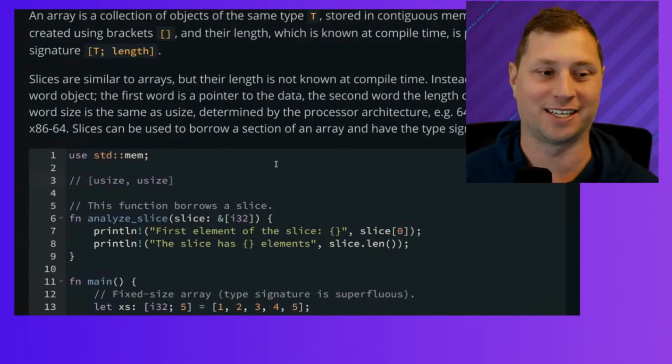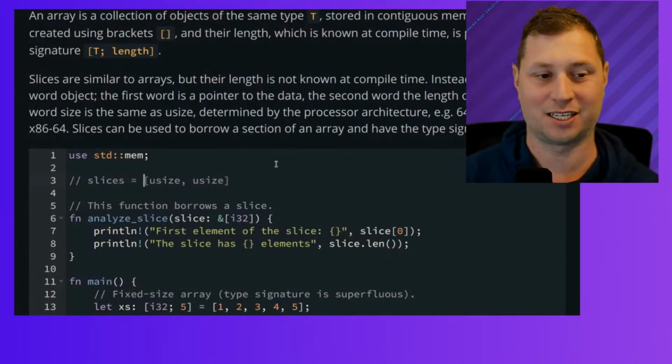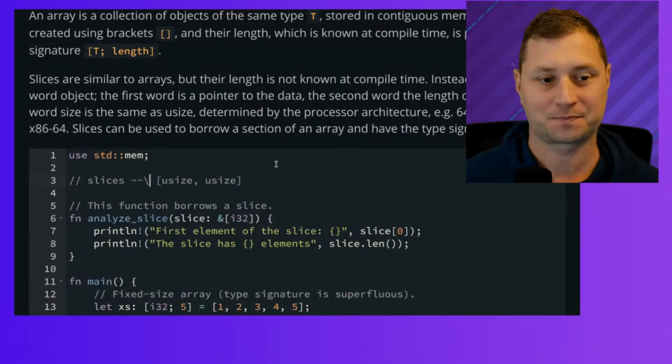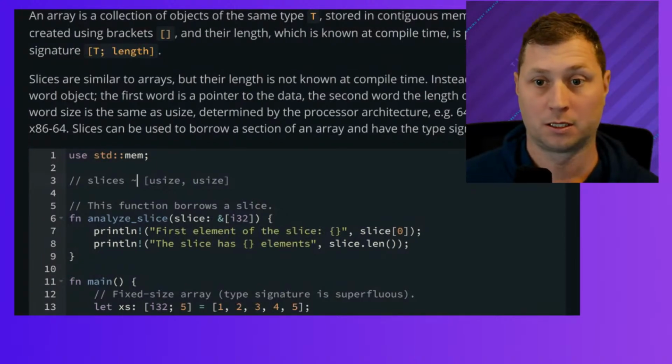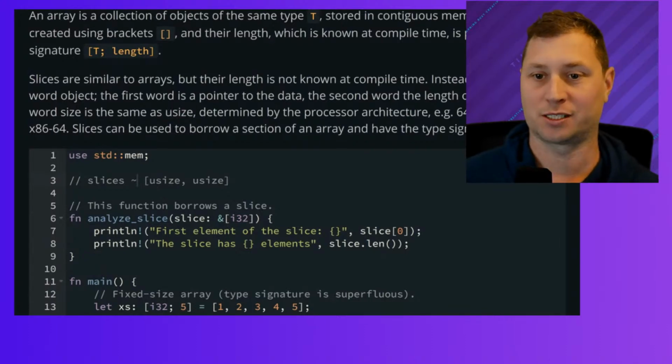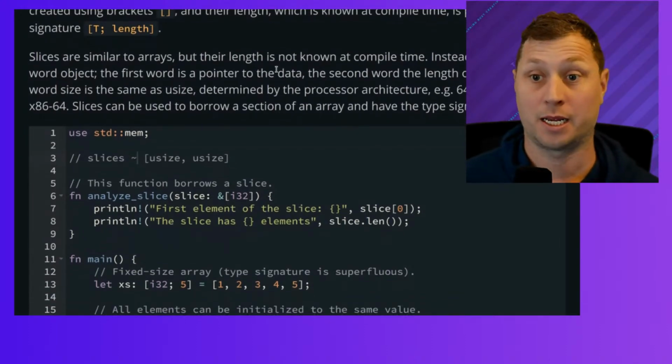It turns out that things are kind of like that, similar to arrays, but the length is not known at compile time. Now the word size is the same as usize, determined by the platform, and the other jargon is object.